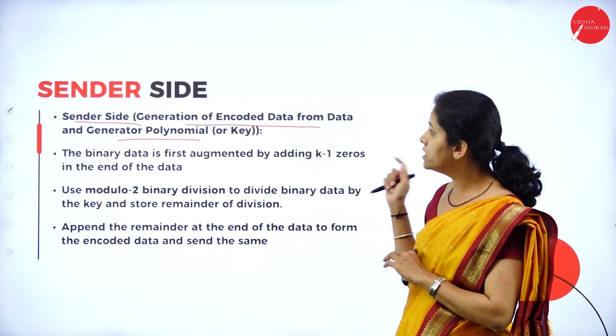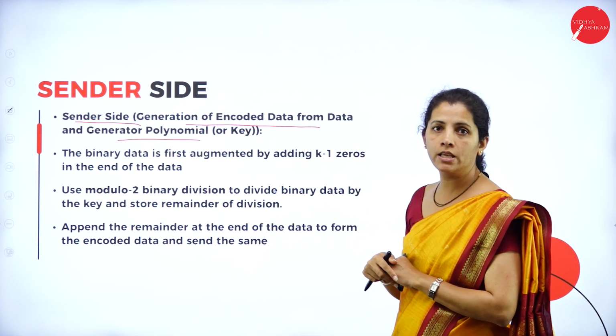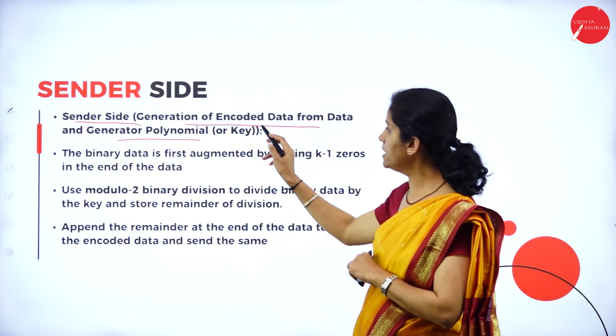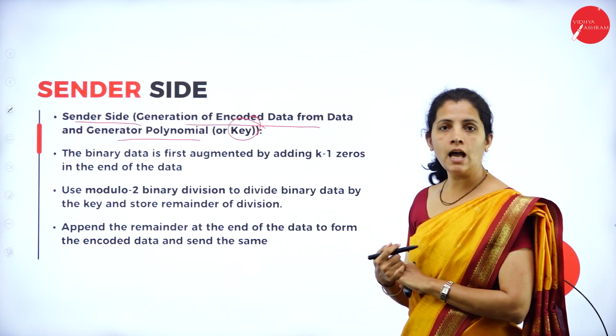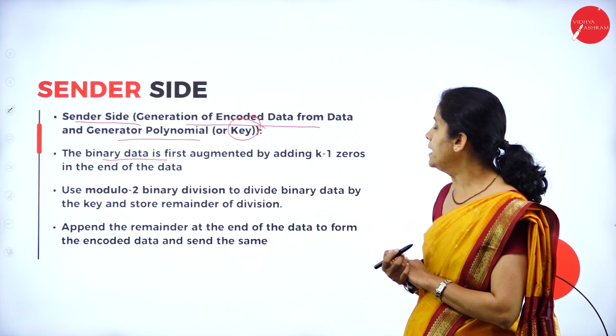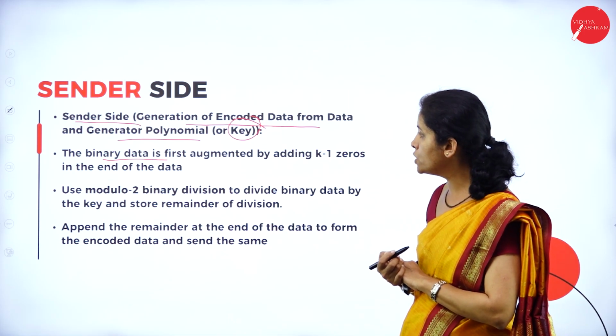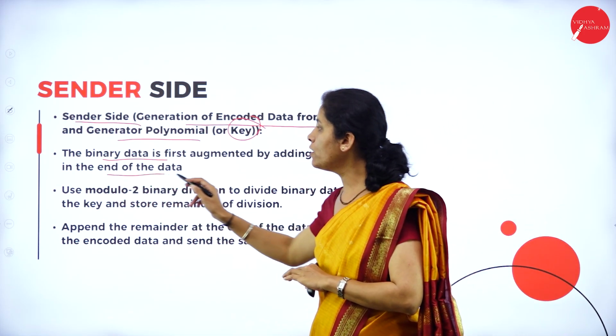So, here I want to generate the data as well as the polynomial, that is nothing but the key. Now see here, the binary data is first augmented by adding k minus 1 zeros at the end of the data.